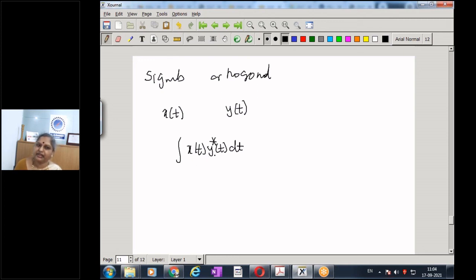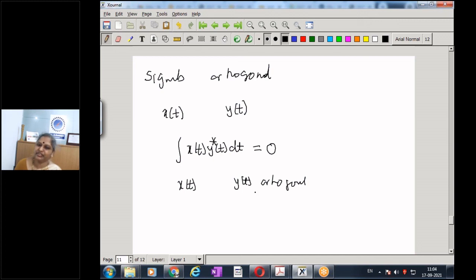So x of t, I multiply with another signal y of t, and take the integral, and if this integral is 0, then it means that x of t is orthogonal to y of t. They are orthogonal.